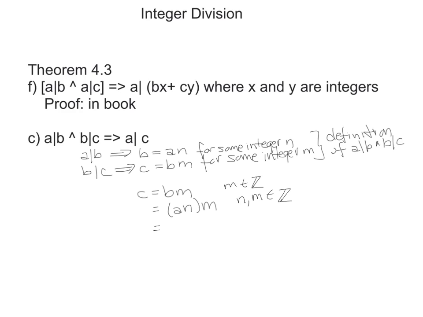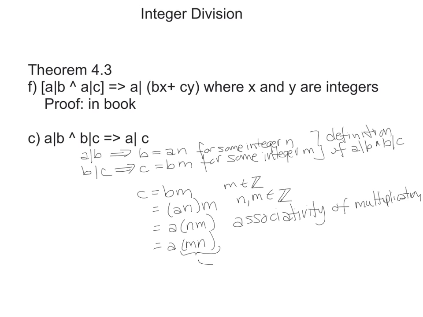But now by associativity of multiplication, I can group my n and m, and now I know that m and n is equal to some integer. I didn't actually have to rewrite it, but this is an integer. And I know it's an integer because two integers multiplied together will give me another integer. Therefore, I have shown that a divides c.